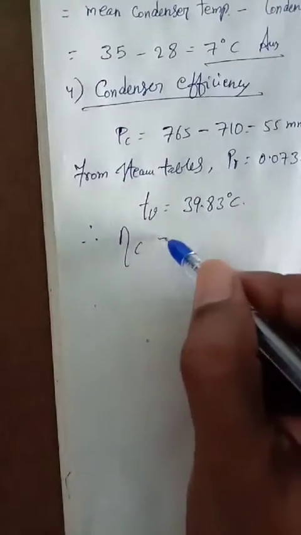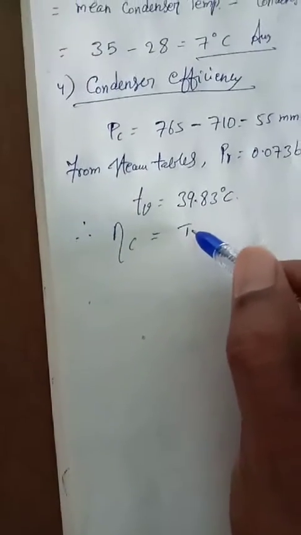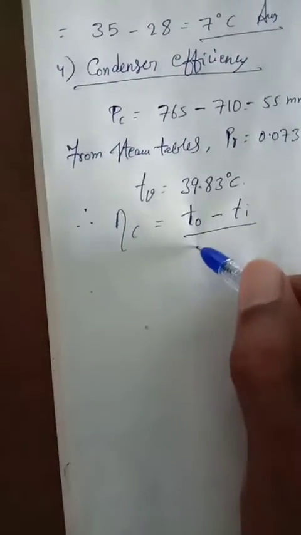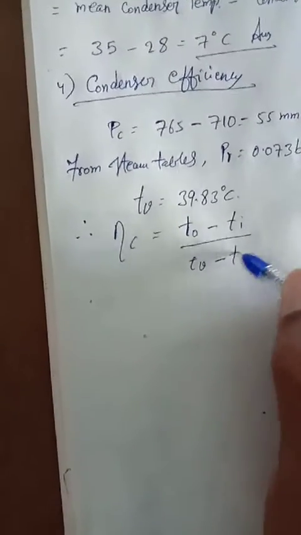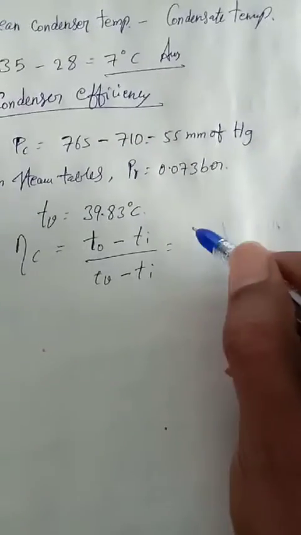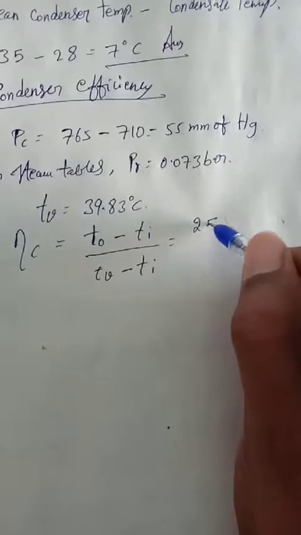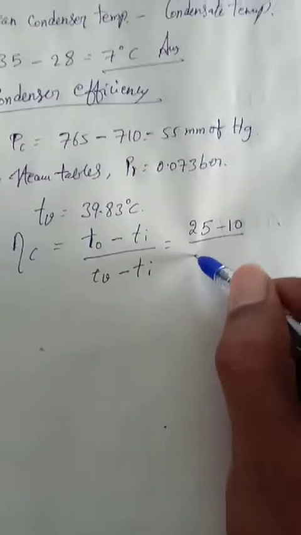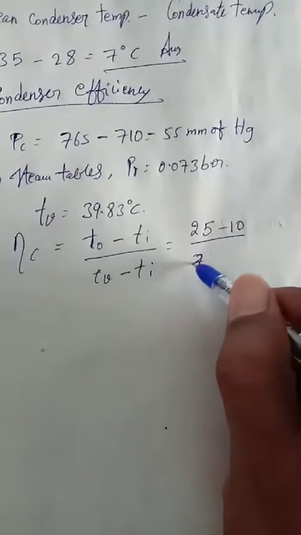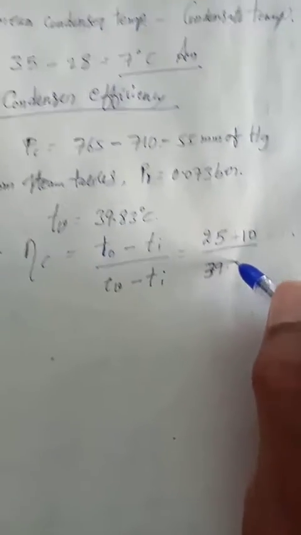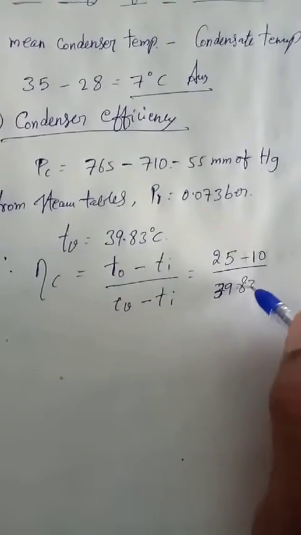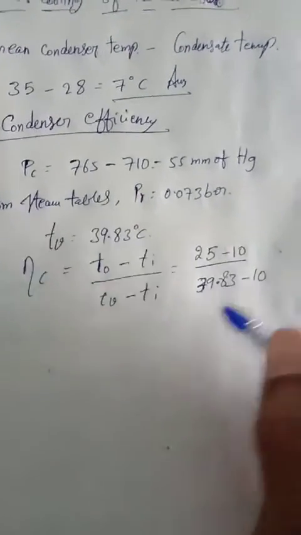Therefore, condenser efficiency is equal to (T naught minus Ti) divided by (Tv minus Ti). Now substitute all the values in here: 7 divided by (39.83 minus 10).